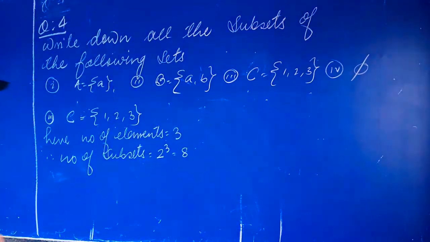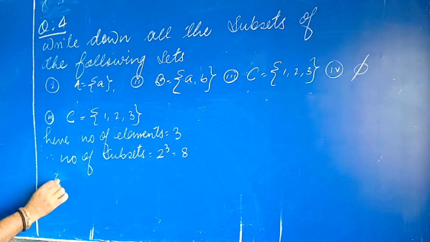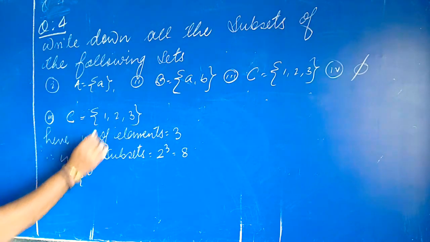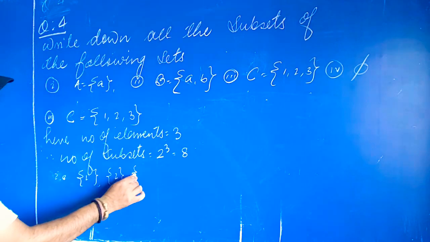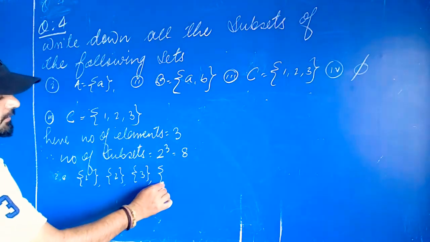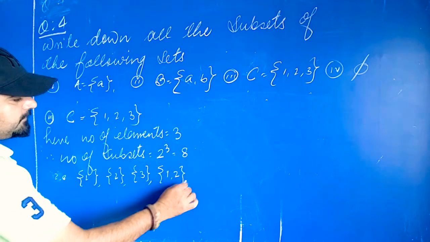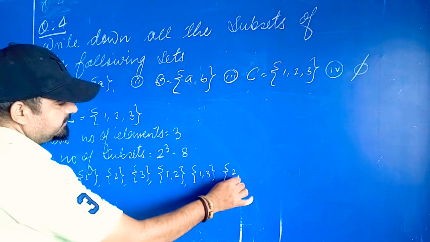Okay, fine. So at first you just take the singles. The first one is 1, the second one is 2, the third one is 3. Now make them double: 1 with 2, 1 with 3, 2 with 3.